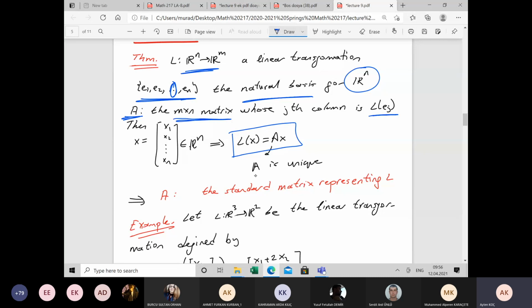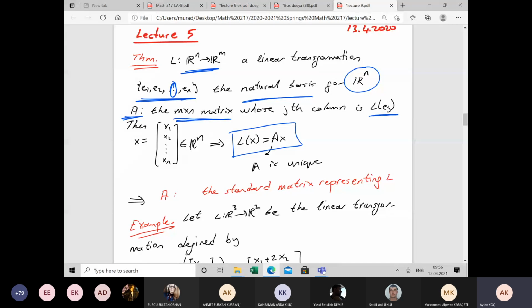It's okay. So every linear transformation can be written in this form, and A here is the standard matrix representing L. Let's give an example to understand this one.